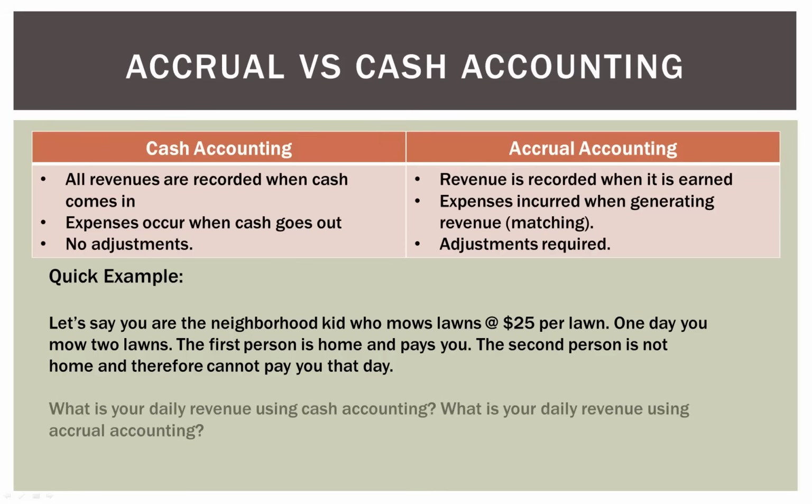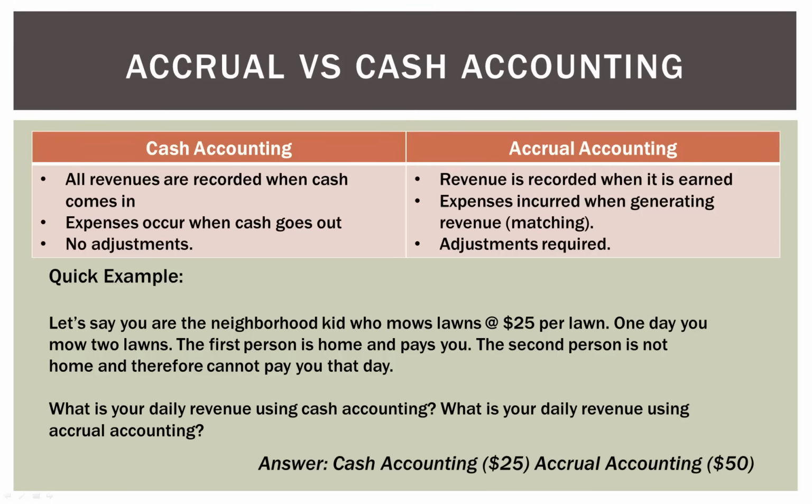Now the question is, what is your daily revenue using cash accounting? What is your daily revenue using accrual accounting? Well, if you're using cash accounting, your daily revenue is $25 because that's all the cash you actually received.